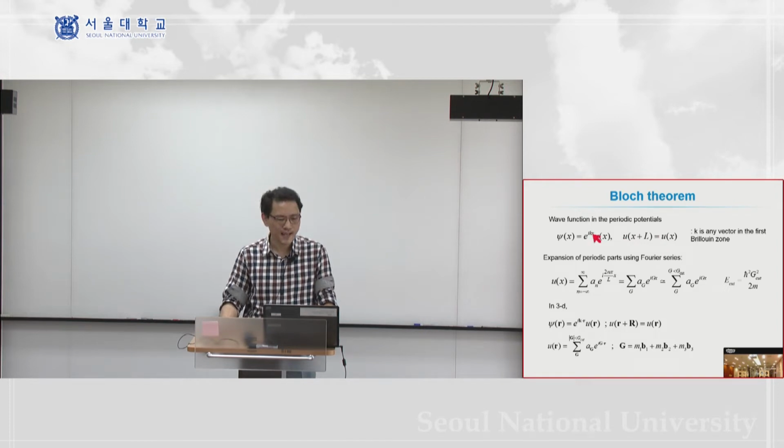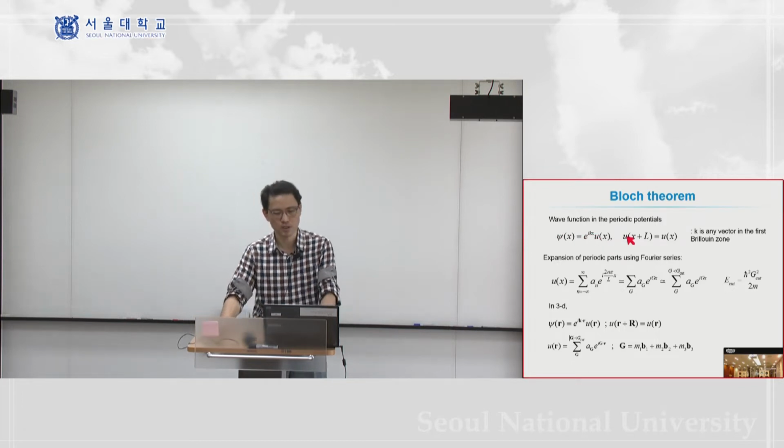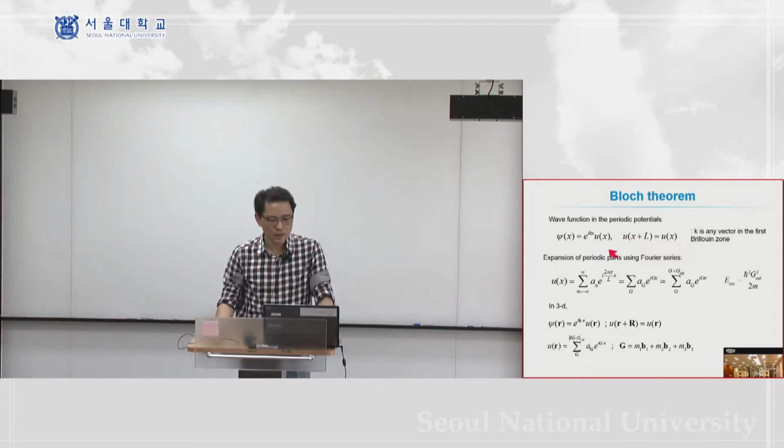Here the wave vector k is any vector in the first Brillouin zone. So the solution of the Schrödinger equation under the periodic potential always follows this form: psi(x) equals exponential ikx times u(x), where u(x) is a periodic function.